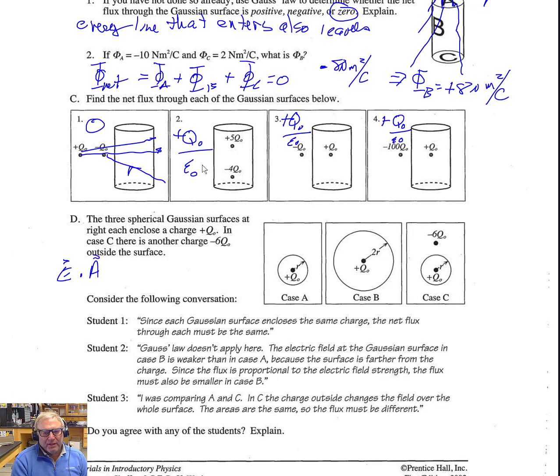We have the field vectors, so you have a field vector of a certain strength here, and a field vector of a smaller strength here, but the surface area is going to be bigger. So if E goes down, A goes up, and vice versa. Here, case A and C are going to have the same flux. The trippy thing is that it's not going to get you the electric field at a point here. It gets you the electric field of the charge that's enclosed. So Gauss's law doesn't really help us much here.